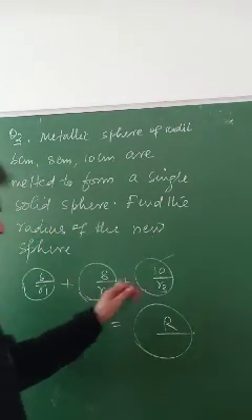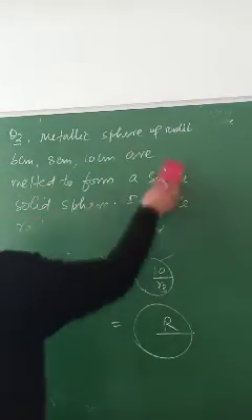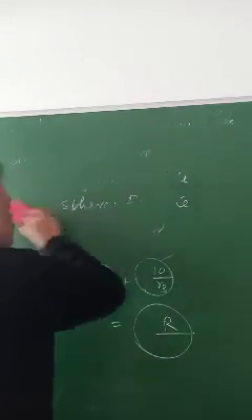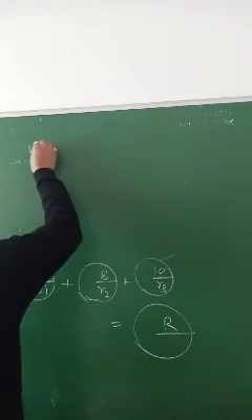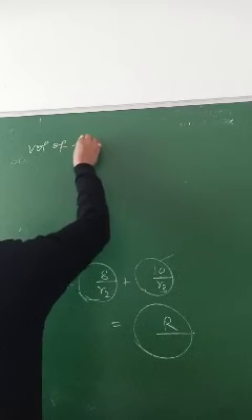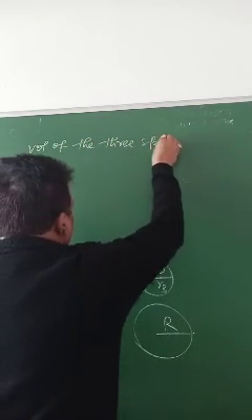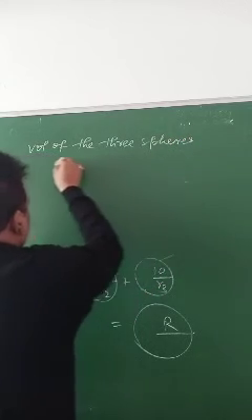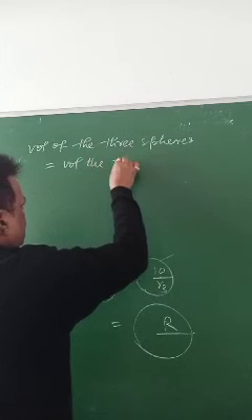So volume of these three equals volume of the bigger one, because volume will be the same. So volume of the three spheres equals volume of the resulting sphere.